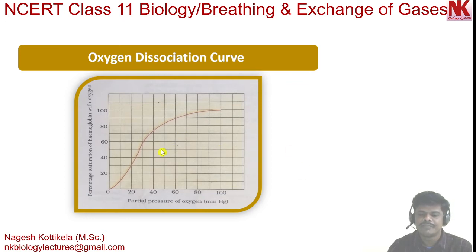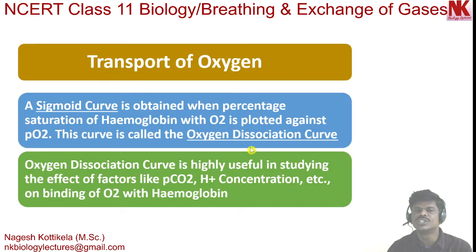You can see here, as the partial pressure of oxygen increases, the more and more oxygen molecules bind with the hemoglobin. The percentage saturation of hemoglobin will also increase. As it reaches the maximum level, then the curve levels and very few additional binding will occur, and this is how the sigmoid curve is obtained. This is S-shaped or sigmoid curve. This is called oxygen dissociation curve.